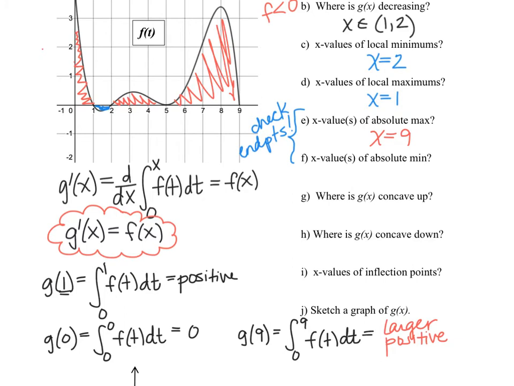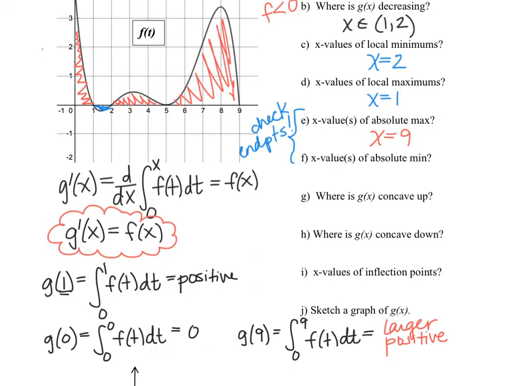So now let me pause for a second, because you'll notice the very last question this asks of us at the very end, part J, it's going to ask us to see if we could sketch a graph. So let's take what we have so far, where we have our local minimums and local maximums, and we just found an absolute max, and let's begin to put together our graph.